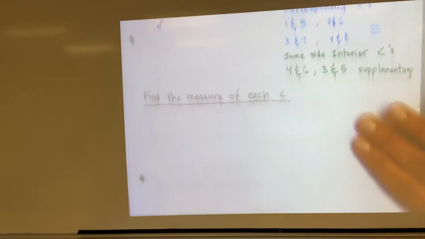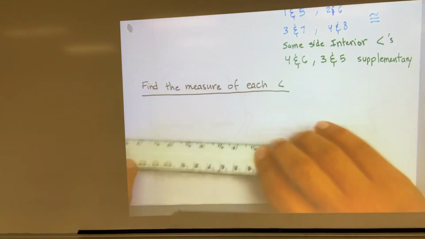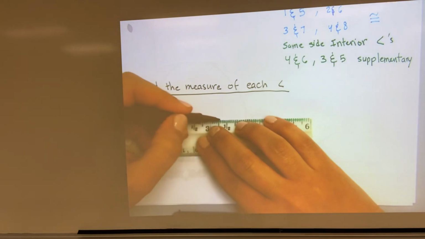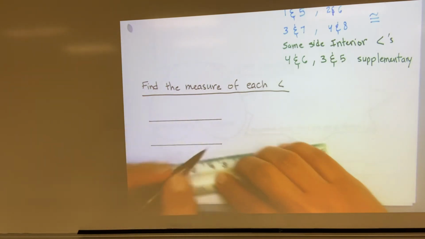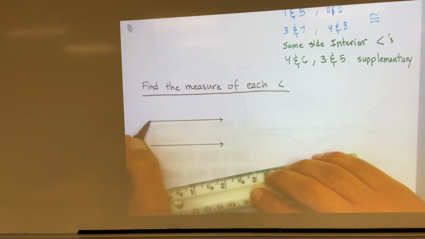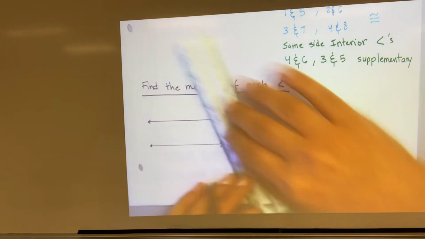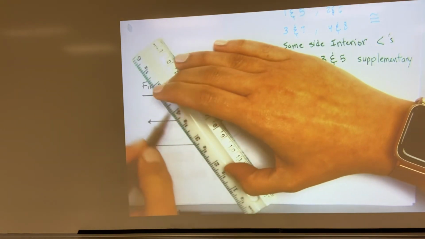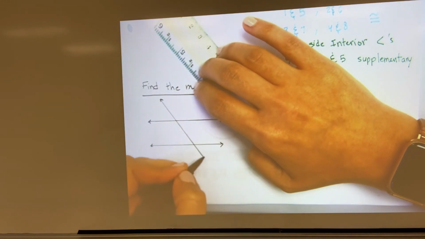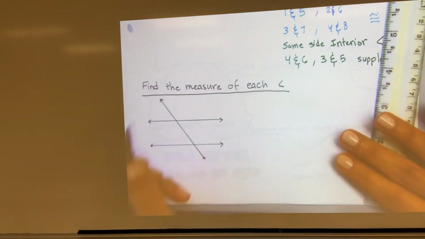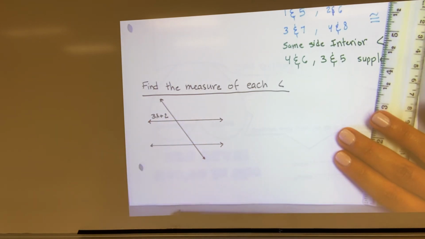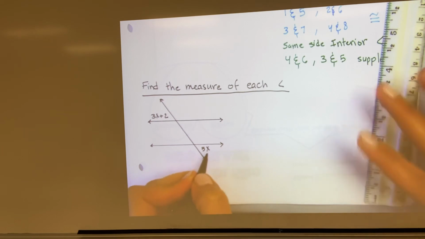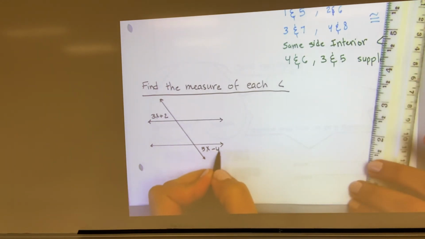And in this example, we have two parallel lines crossed by a third line. And I know that this angle is 3x plus 2. Well, this angle is 5x minus 40.